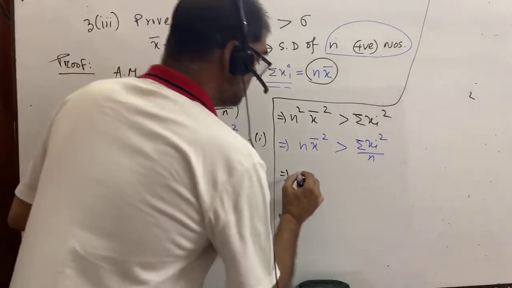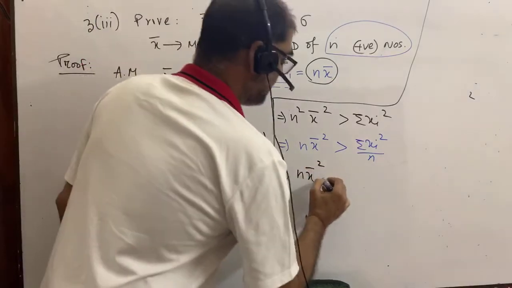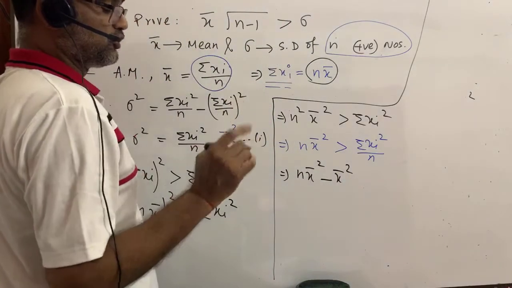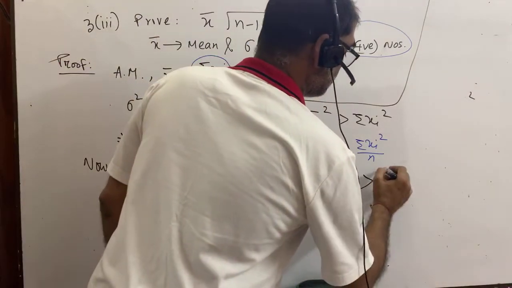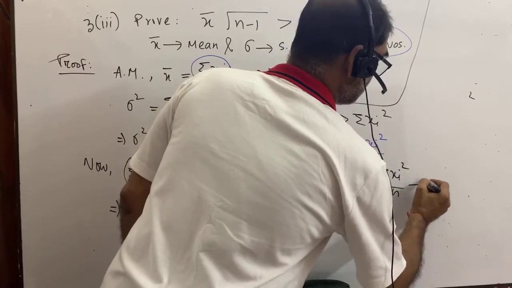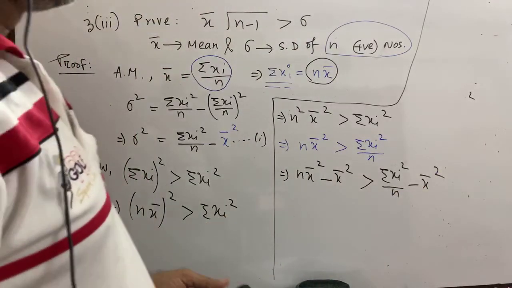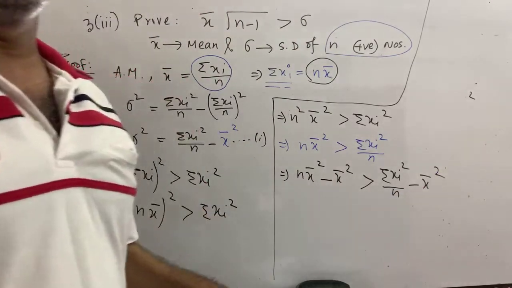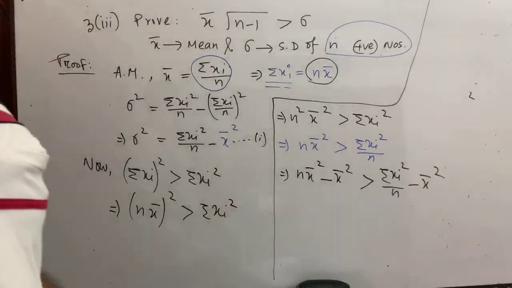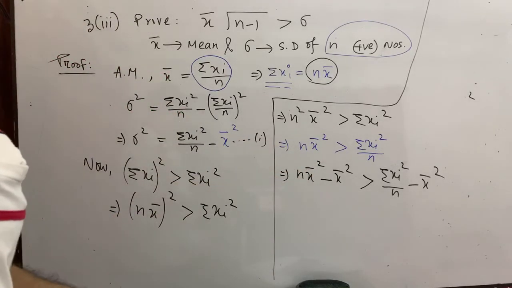That means n x bar square minus x bar square is greater than summation xi square by n minus x bar square. What I have done is subtract x bar square from both the sides, as per the requirement of the proof.